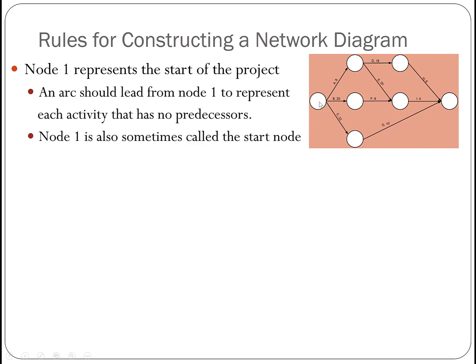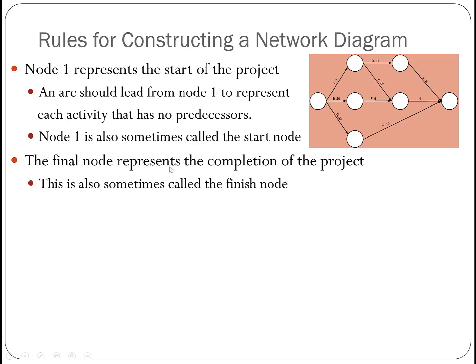It's sometimes called the start node, and we may just put a start inside of it. An arc should lead from node 1 to represent each activity that does not have predecessors. Recall in this example here, we have A, B, C, 3 activities that do not have predecessors. So they all start from this start node, connecting to their next node.